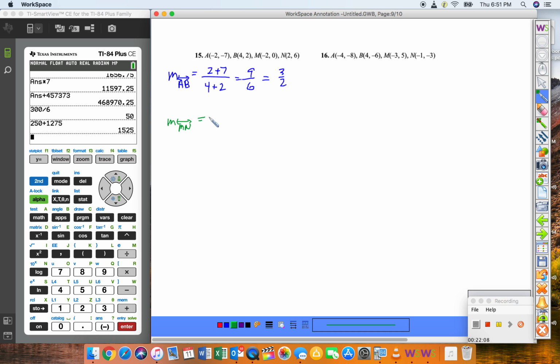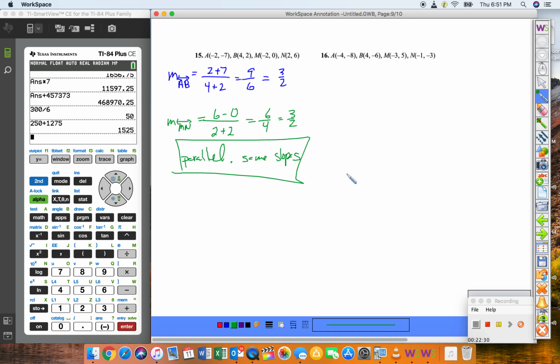That would be 6 minus 0 over 2 plus 2, which is 6/4, which is 3/2. Same slope, parallel. Reason: same slopes.